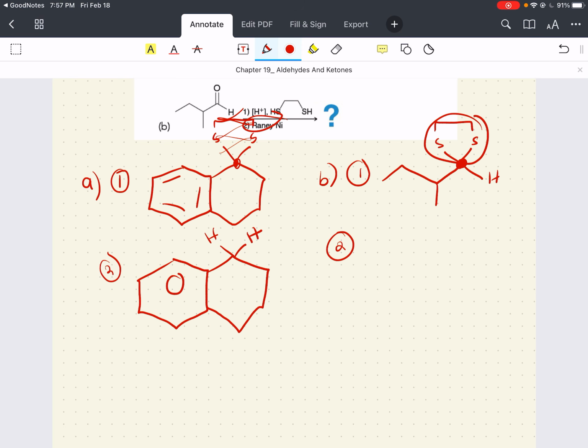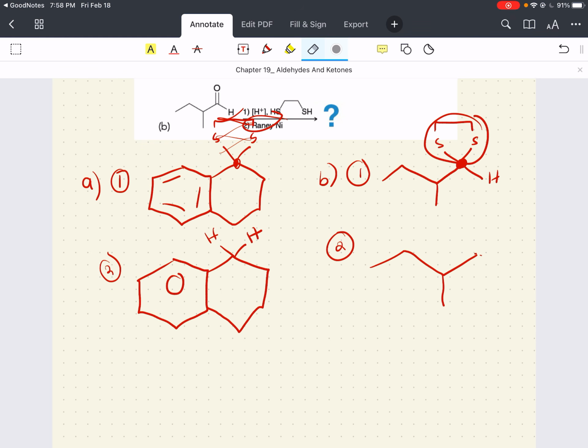That thioacetal group is going to be converted into hydrogens. So we're just going to reduce that carbon site. So what our product actually will look like is, now we have all three hydrogens, so that turns into just a complete methyl group, and this is our final product. So this is going to wrap up the first half of chapter 19.